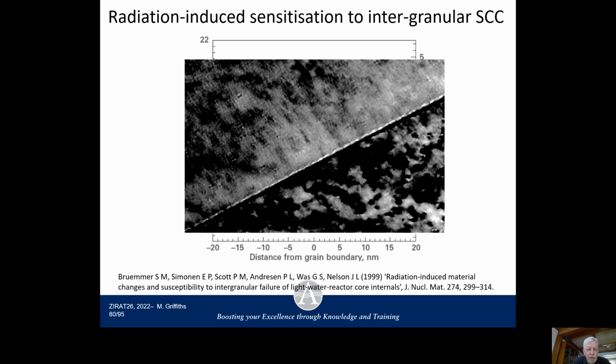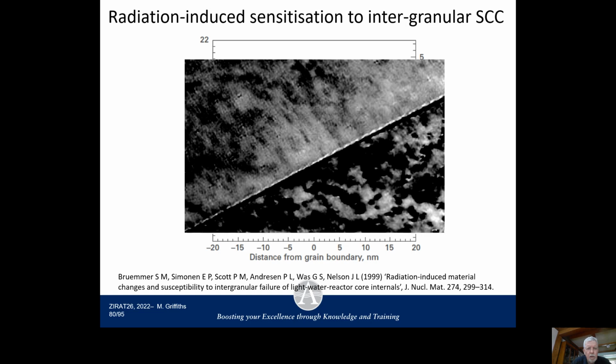Because chrome is a faster diffuser than this element, nickel, for instance. These tend to diffuse substitutionally, so they will segregate the boundary. But what we're talking about in this particular case is chromium depletion relative to these other elements. So you get chromium depletion, and for that to happen, the chromium has to be diffusing away from the boundary if it's not forming carbides.